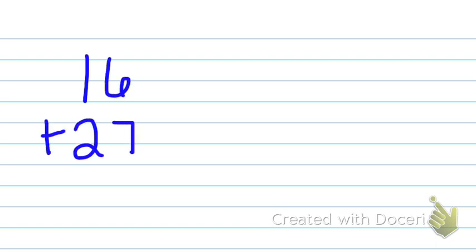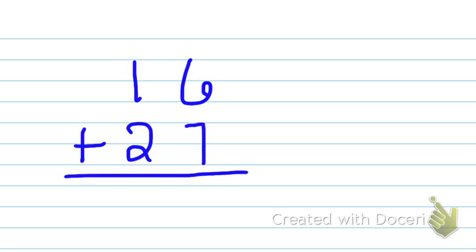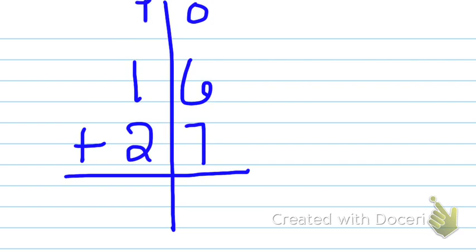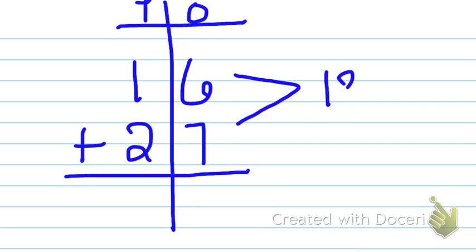16 plus 27, using this strategy. And you know what? Let me give myself a little bit more space. My ones and my tens. So 6 plus 7 is 13.